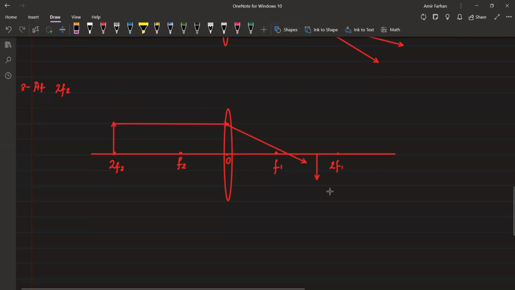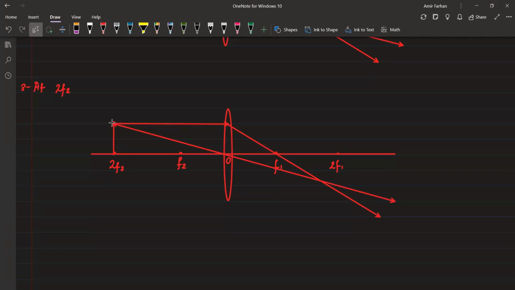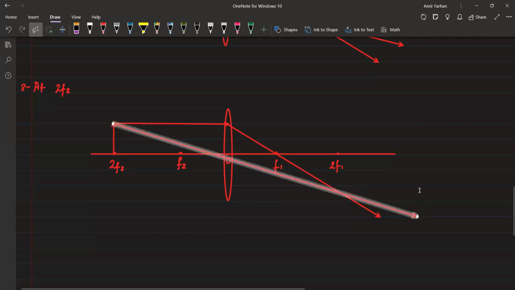And the second ray I will pass through the optical center. I need two rays. As you can see, it will go without any refraction, like this.